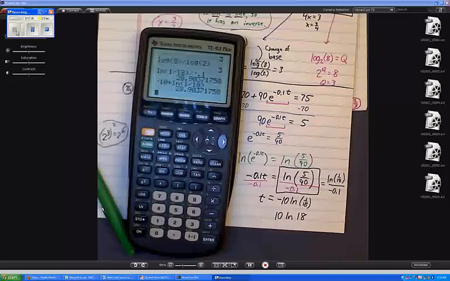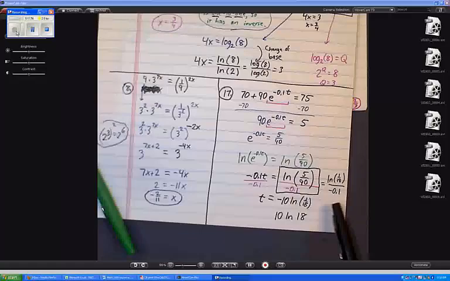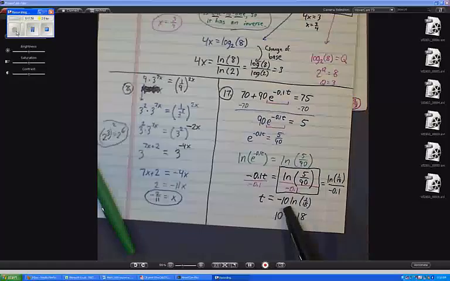And if I type in 10 times the natural log of 18, I get the same thing. It's all around 28.9. Well, I guess they're all equivalent, right? But I guess the question is why? I understand why these two are equivalent. Dividing by 1/10 or multiplying by 10, that's the same thing. Do you guys know how they got to the last answer?